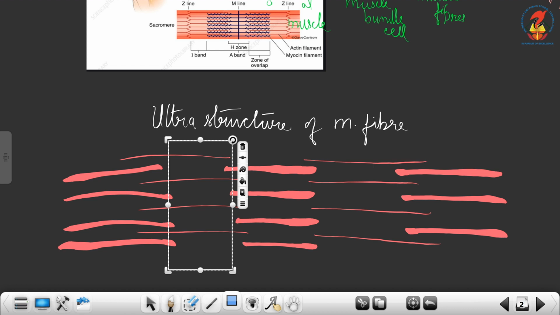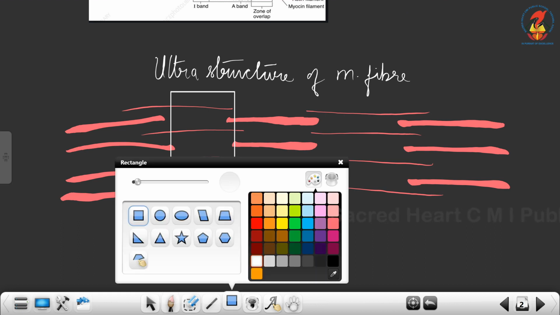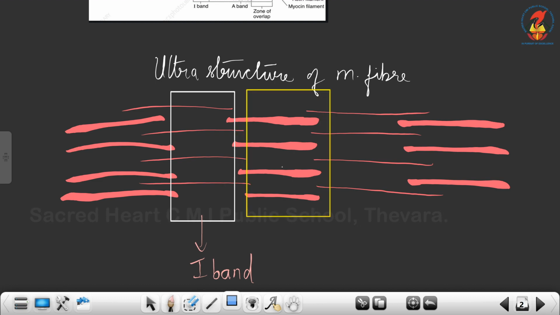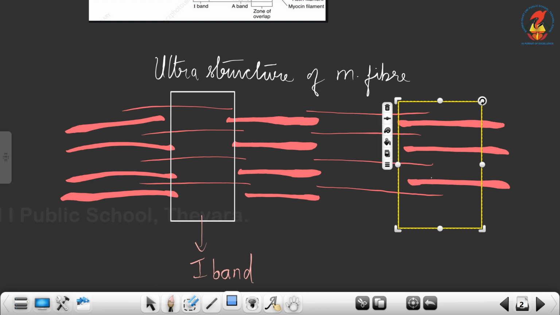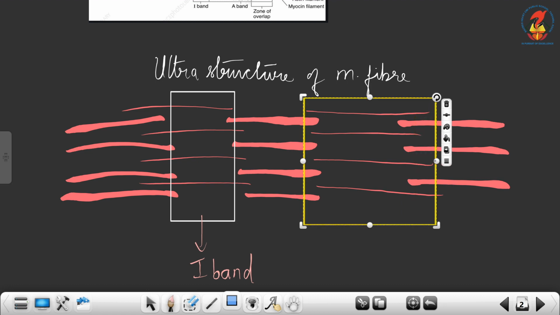This region is called the I band. And this region, I'll draw it here. I'm widening it to accommodate the edges. This is called the A band.